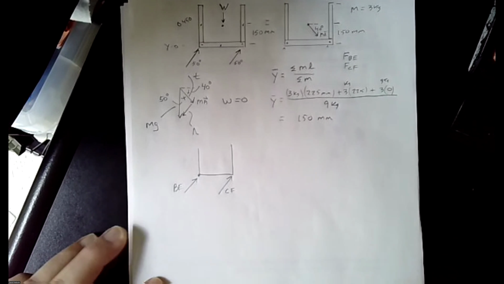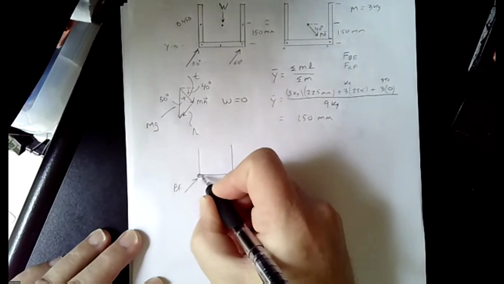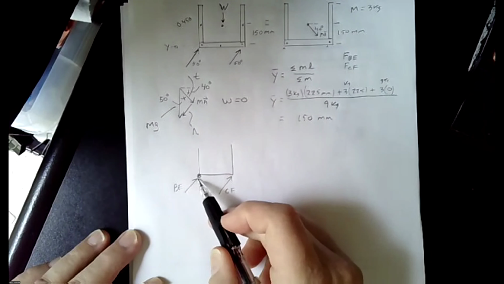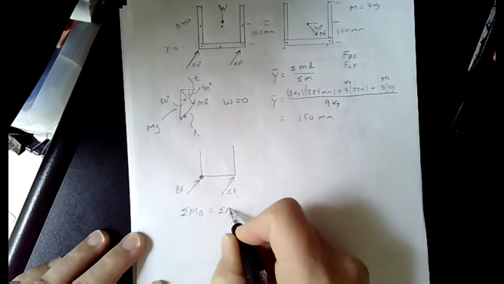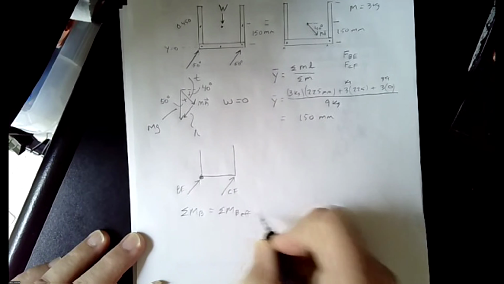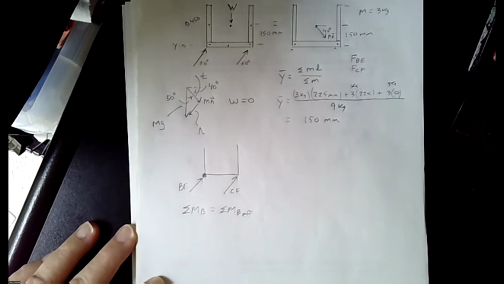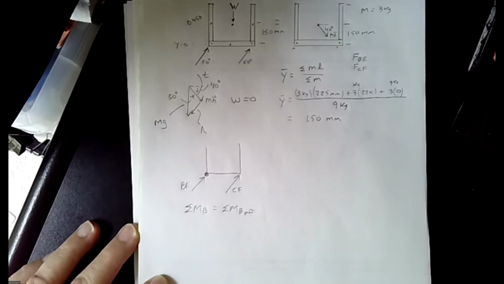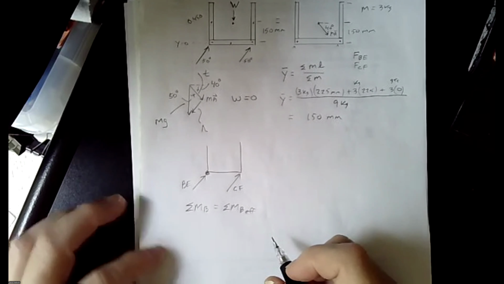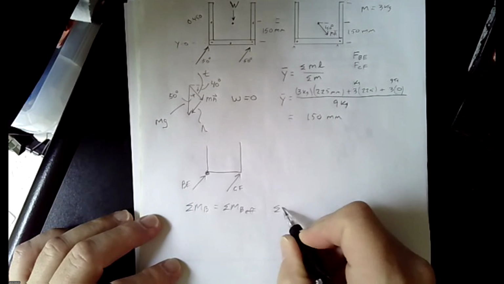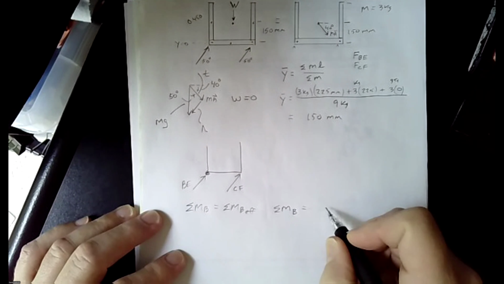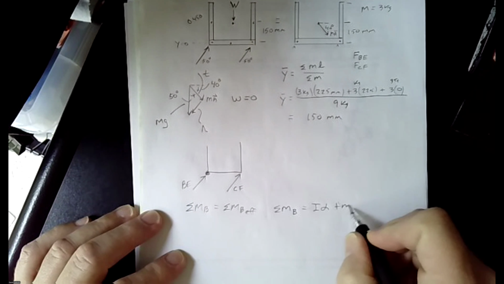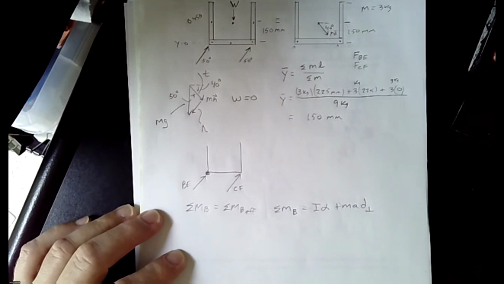So from there, we can then say, I'm going to pick B as my moment point. So I'm going to say the sum of the moments about B equals the sum of the moments about B effective. And so the way that would look is it would say the sum of the moments about B equals, and you wonder like, well, where's the I alpha plus MAD come from, right?